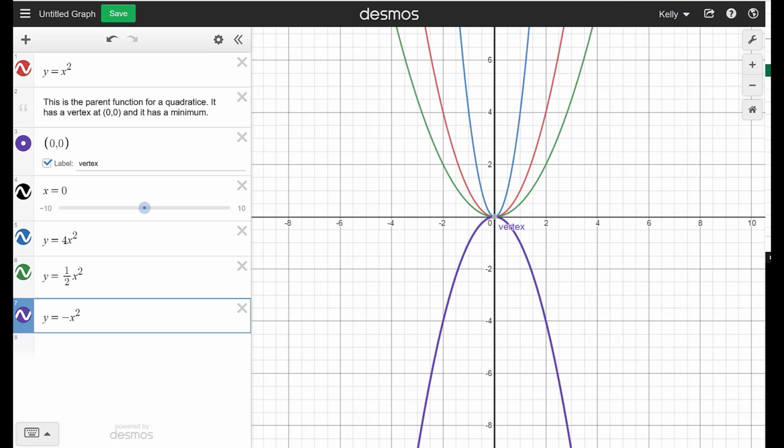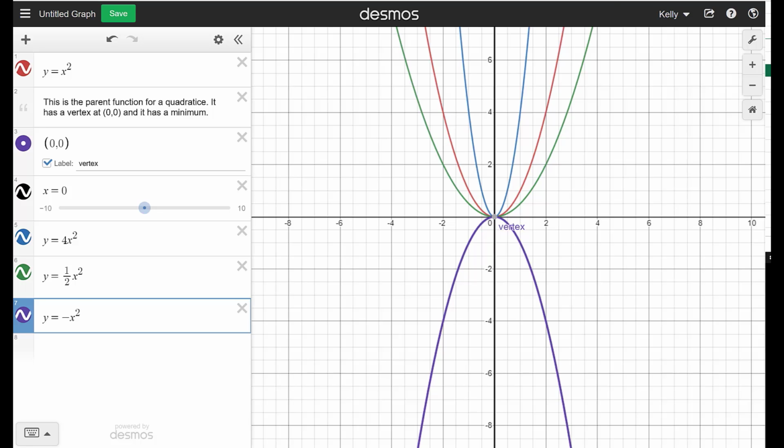Part D, we're going to get into translating the parent function. So now it's open downward, and we want to move down the equation that we started with so that it has a vertex of -5.